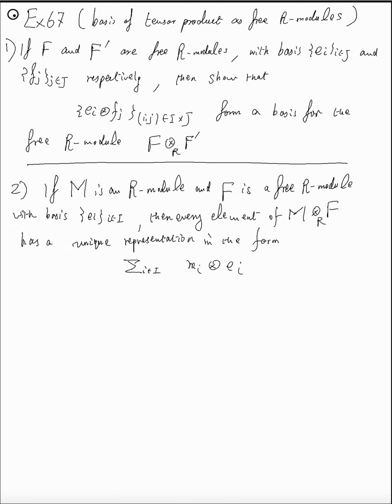In the component of F, I take the basis element e_i, and in the component of M, I just take an arbitrary element of it, but I claim all but finitely many m_i are 0, which means this is a finite sum.